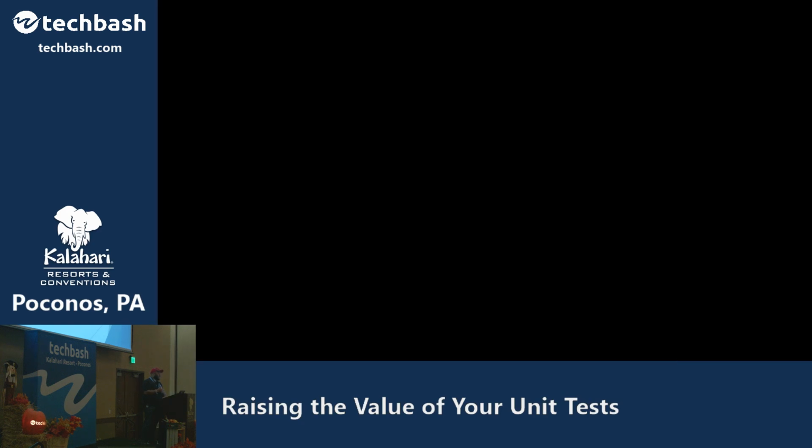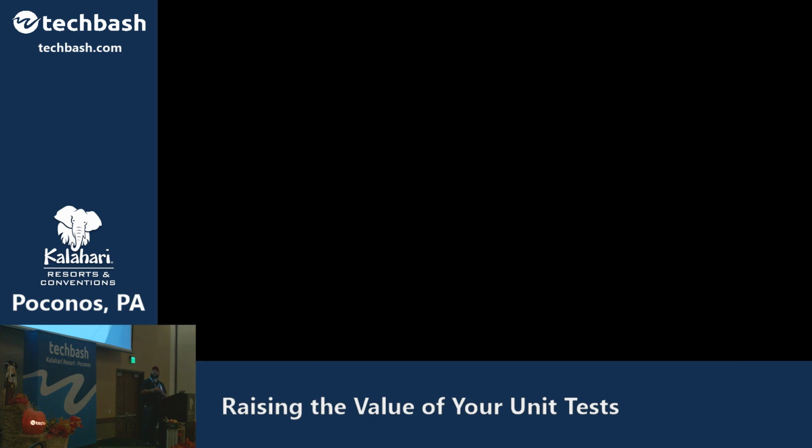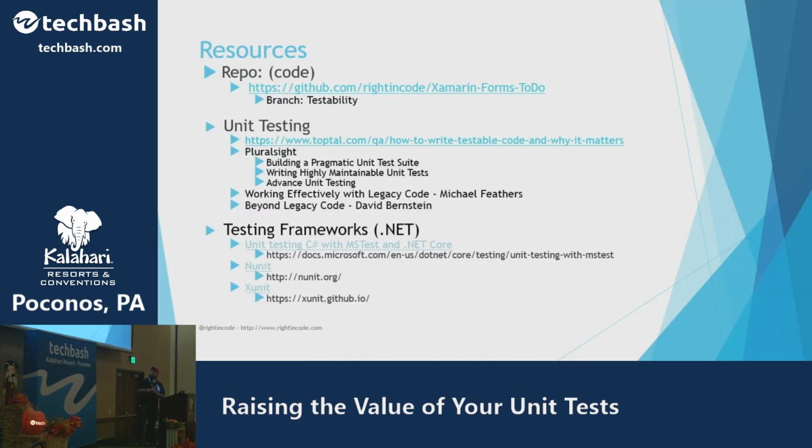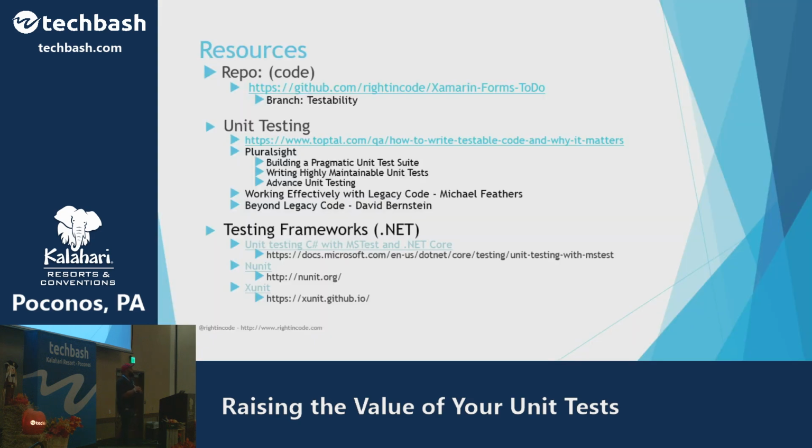And then two great books, Working Effectively with Legacy Code and Beyond Legacy Code. And then testing frameworks. I use mostly MSTest, so there's a reference there. There are other options like NUnit and xUnit as well. They all have their pros and cons, and some have features that others don't. You sort of just pick whichever works best for you. But they all help you.